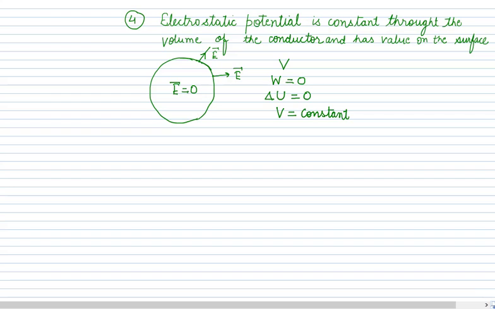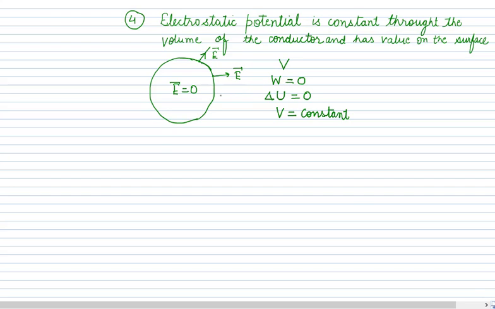Right? Now if we charge the conductor, what happens? If we charge the conductor, the electric field always resides on the surface, and the component is always normal to the surface. That means potential will be different for surface and point outside.